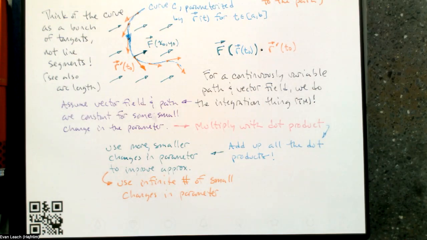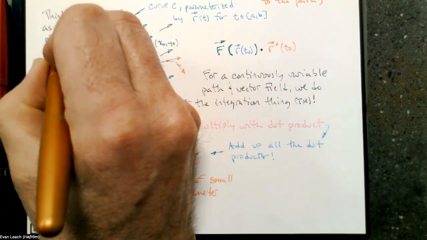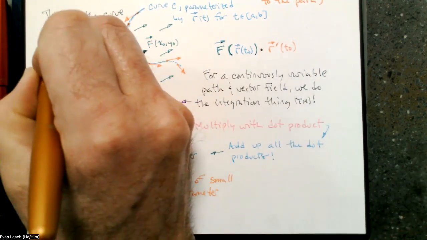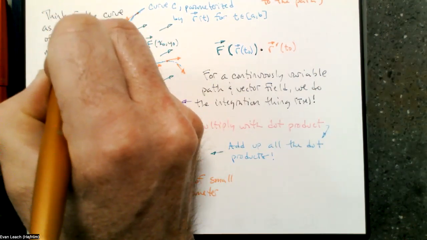So think of the curve as a bunch of tangents, not as line segments. Like we calculated arc length.